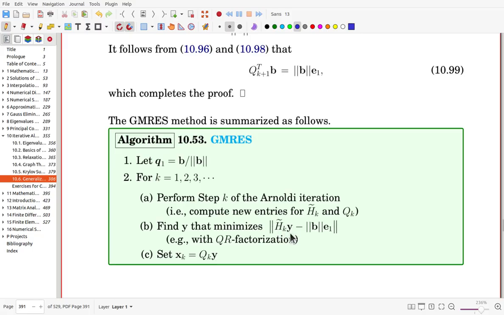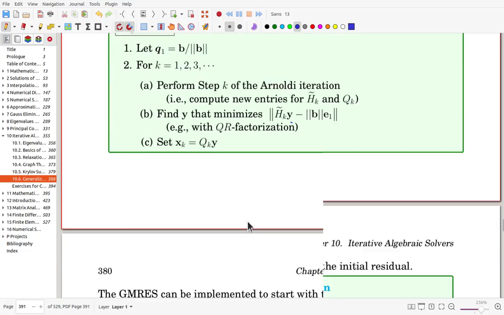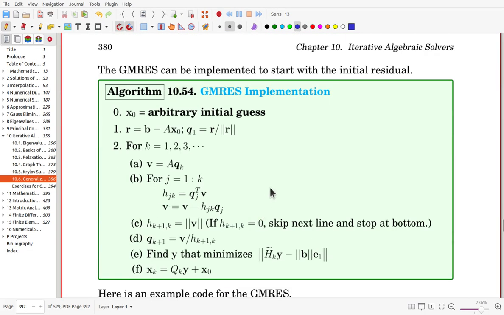Then it'll be really efficient. You can do this one quite easily. After getting y, now Qk is multiplied to get the new iterate. That's GMRES. Now it can be implemented in this way.